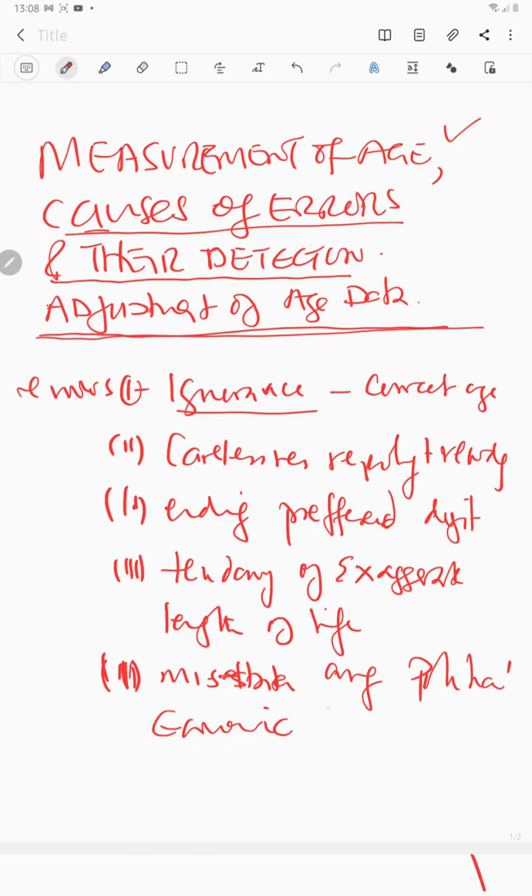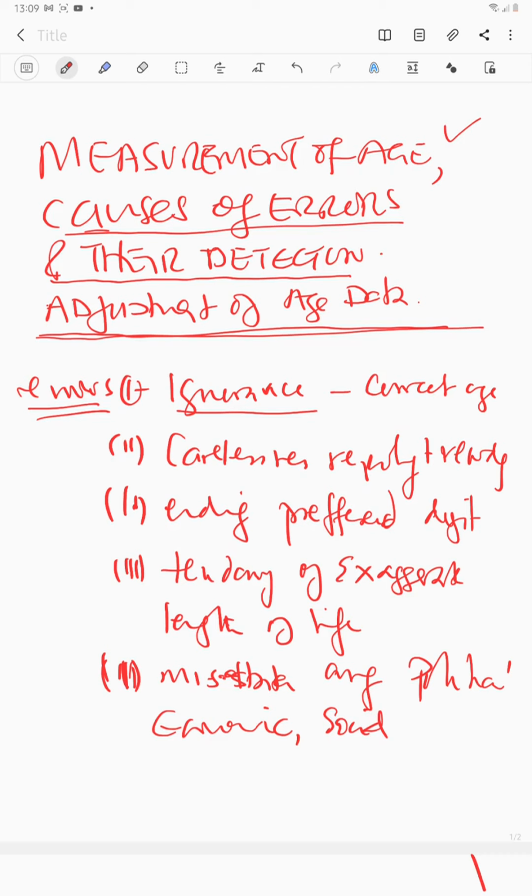Maybe you want to cheat the age so that you can continue working, or it can be for social reasons. Maybe you wanted to marry somebody very small. You can tell them, I am 27 when you are in fact 40. Maybe because structurally you have a very small body which looks young. So for those reasons, people can end up reporting error attributable to age.